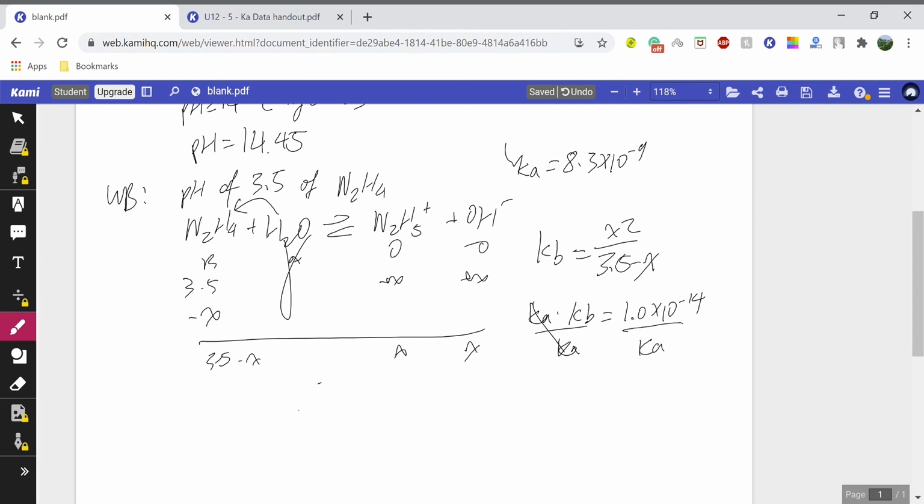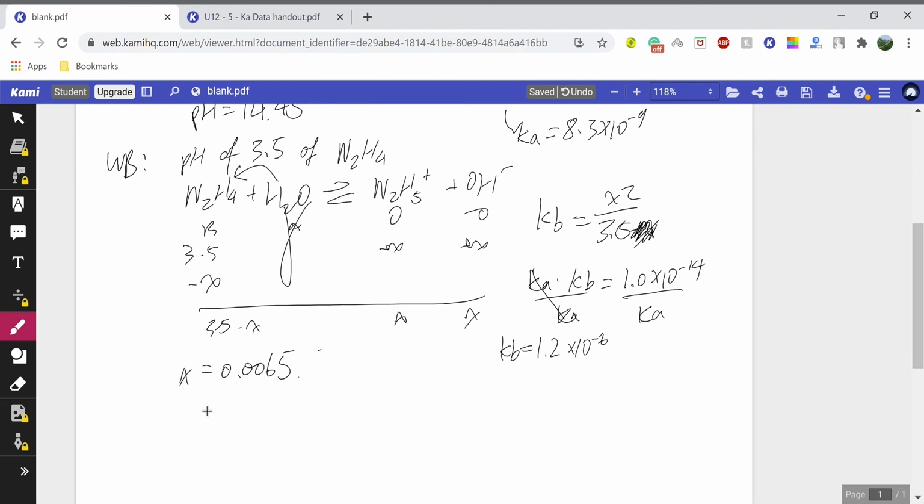So let's quickly go to our calculator. 1.0 e to the negative 14th divided by 8.3 e to the negative 9th gives us Kb equal to 1.2 times 10 to the negative 6. Because this is a very small Kb, less than 1.0 times 10 to the negative 4, this minus X can be ignored. Now we can just do 1.2 e to the negative 6 times 3.5 and take the square root of that, and we'll get X equal to 0.0065.